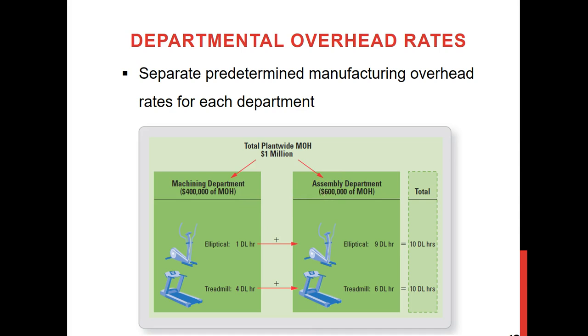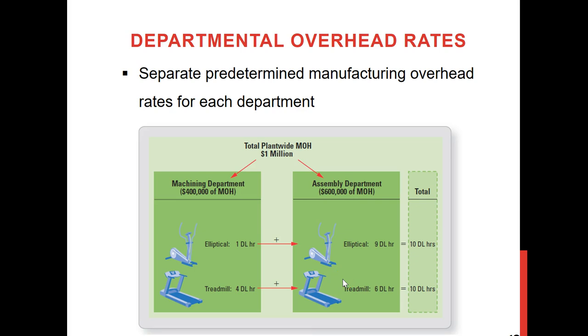Although producing one unit of both types of products requires 10 direct labor hours, if you look at this diagram, you will see that for one elliptical they spend only 1 hour in the machining department and 9 hours in the assembly department. On the other hand, to produce one treadmill, they spend 4 hours in the machining department and 6 hours in the assembly department.